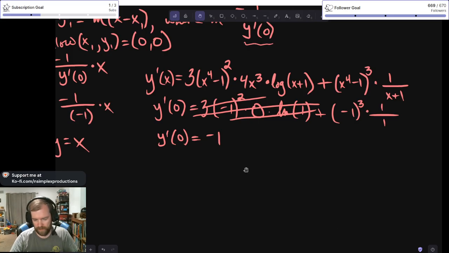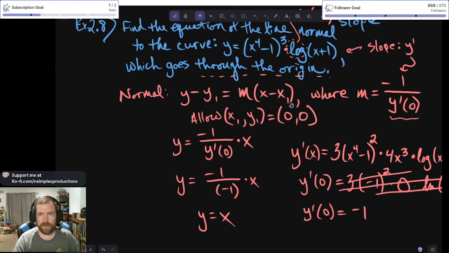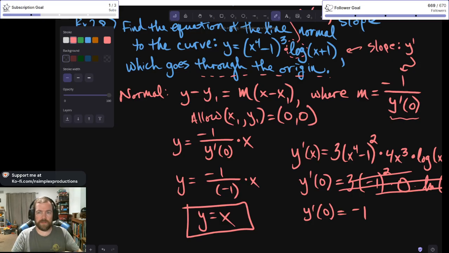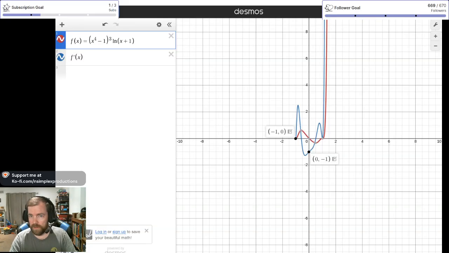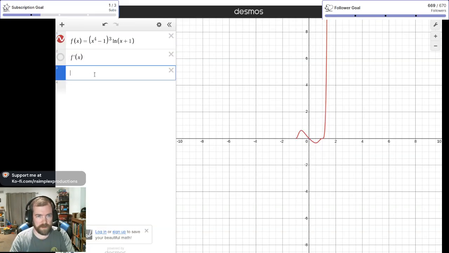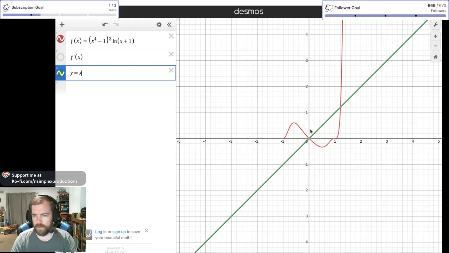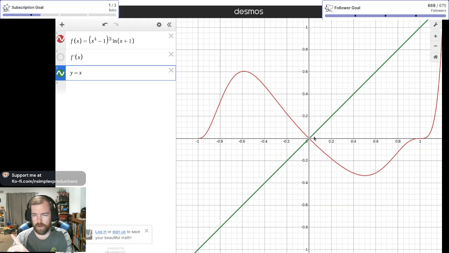Okay, so then, right, this is going to be the equation of the line that is normal to the curve, again perpendicular to this particular curve at the origin, 0, 0. And we can actually see that as well. If we shut this off for a second, and we plug in y equals x, right?